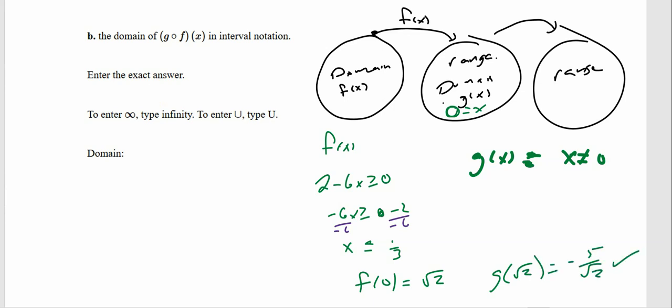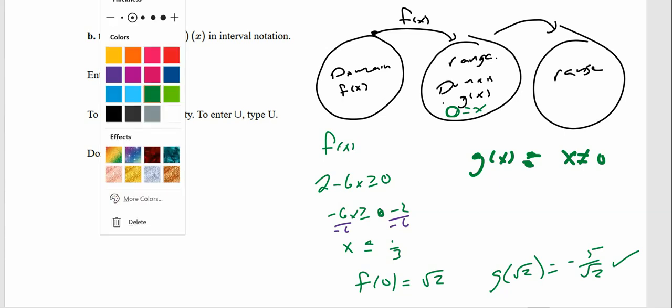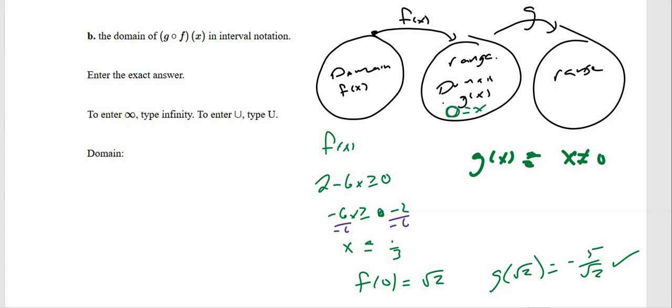That's perfectly fine, right? So it's not 0 that's given the problem. It's what x in the original domain gives you an output of 0, because then you would be using that output and trying to apply it to g.